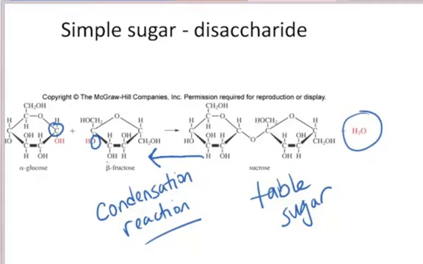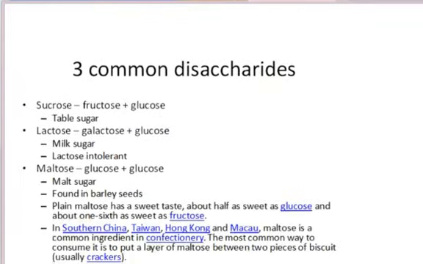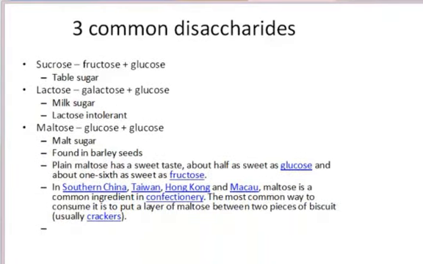And then there's other simple sugars that are disaccharides that are common. There's 3 common disaccharides that you may have heard of. Sucrose I just showed you, and it's a combination of the monomer called fructose and glucose, and that's common table sugar. Another common disaccharide is lactose.